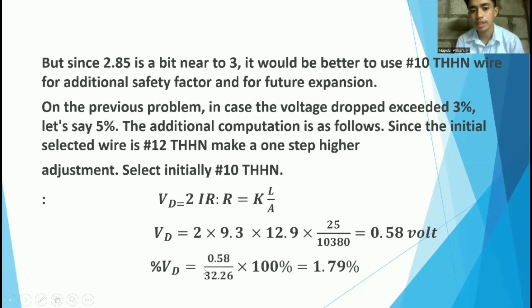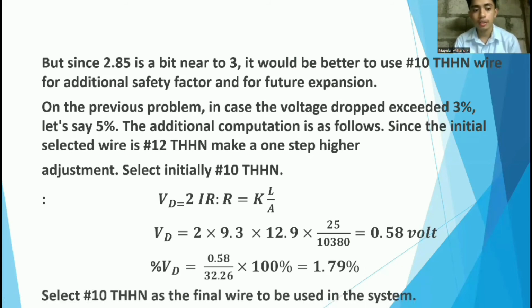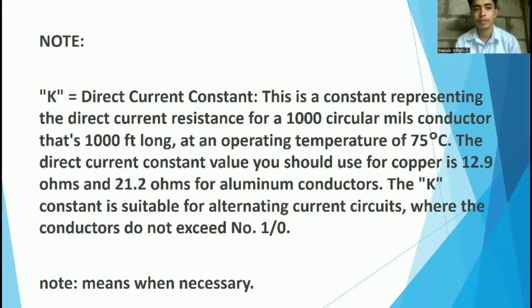Then, divide natin sa maximum voltage ng ating ginamit na solar. Then, times natin sa 100%. Meron tayong 1.79. Mapansin natin mas bababa or less than 3 yung percent. Kaya, number 10 as the final wire to be used in the system.